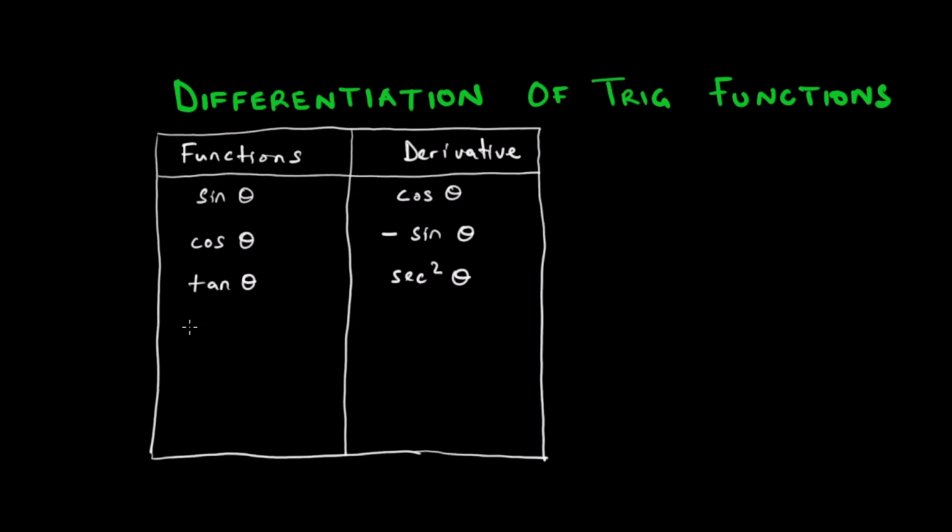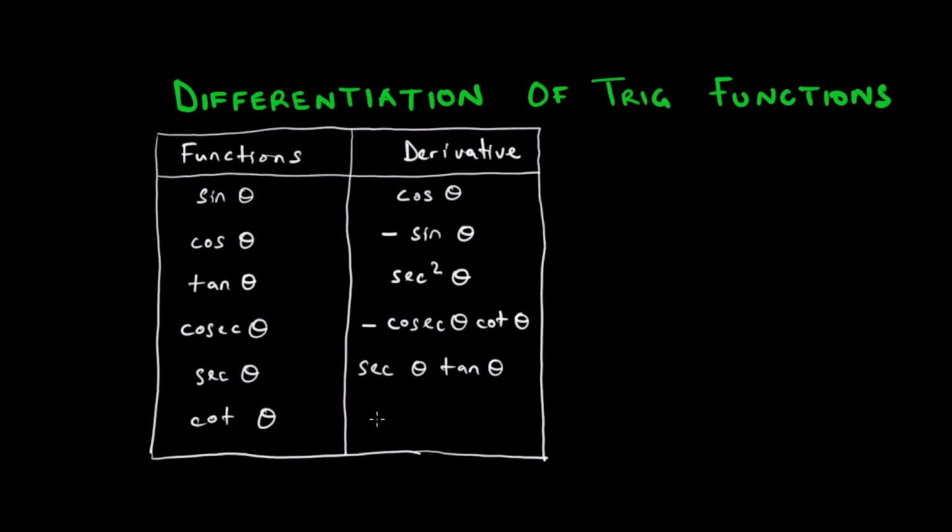What about cosec theta? The derivative of cosec theta is minus cosec theta cot theta. What about sec theta? The derivative of sec theta is sec theta tan theta. Then lastly, the derivative of cot theta is minus cosec squared theta.